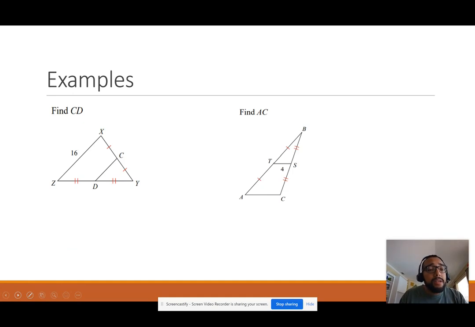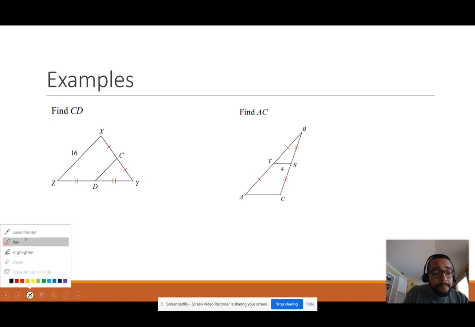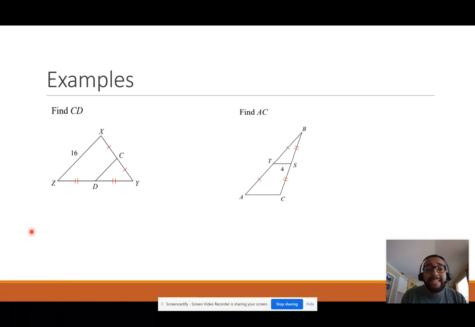So, examples. We need to find the length of CD. If you notice here, this is a mid-segment triangle theorem. XC and CY are the same. YD and DZ are the same as well. This shows us that CD is going to be equal to 1/2 of XZ. Let me write that out real quick.